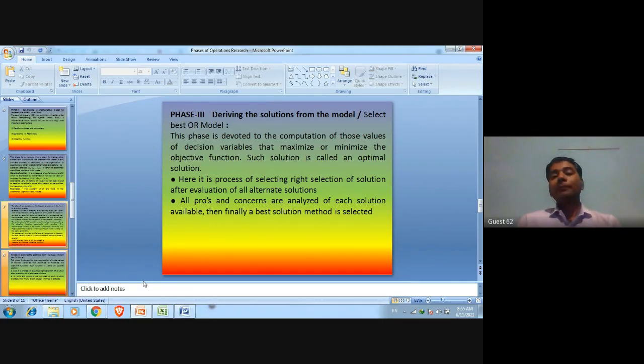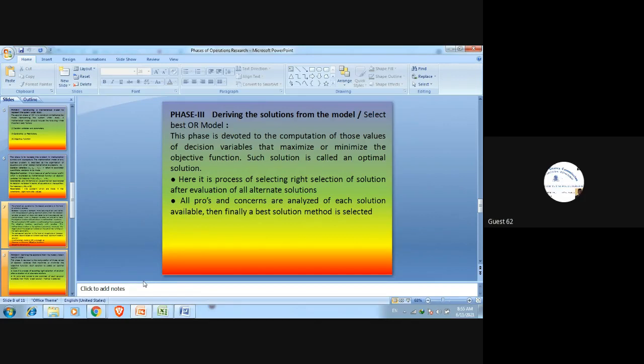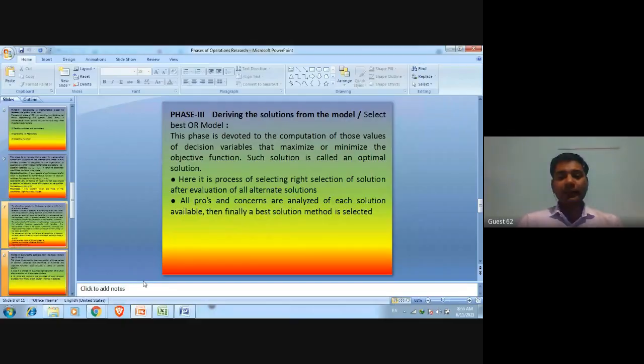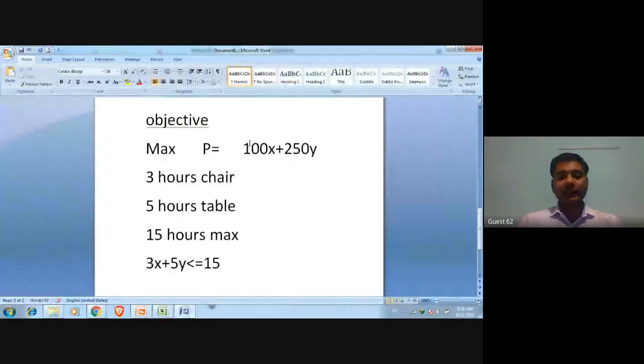If you have got the value of x and y, then you will get your objective function, that is, what your maximum profit is.